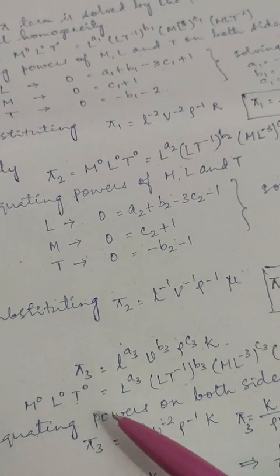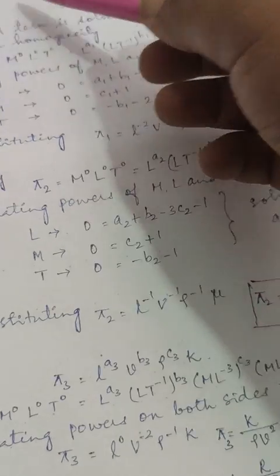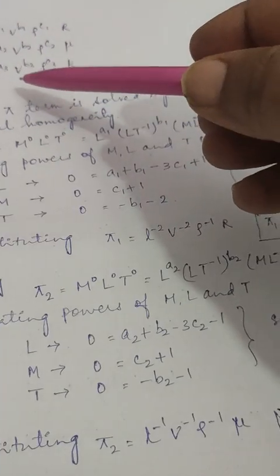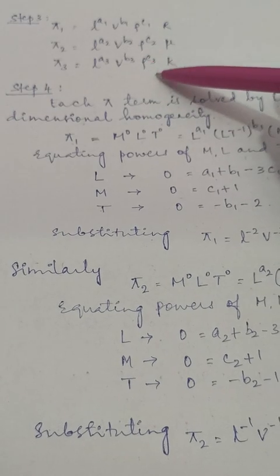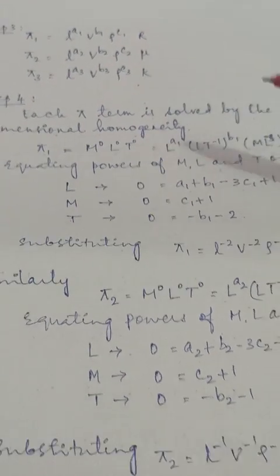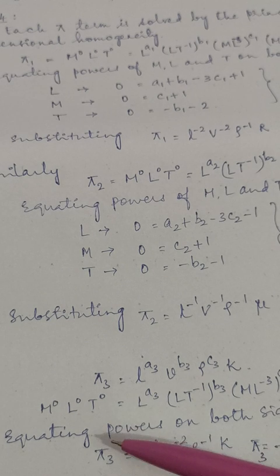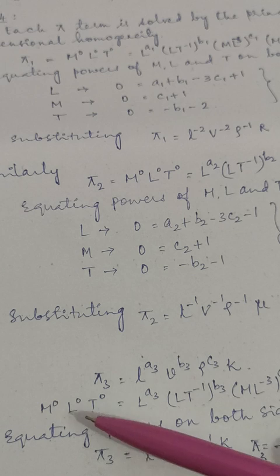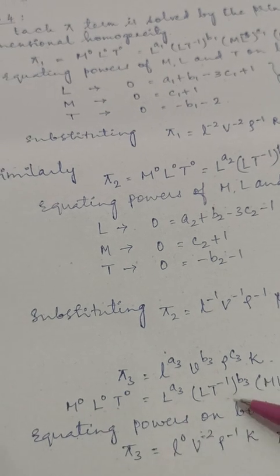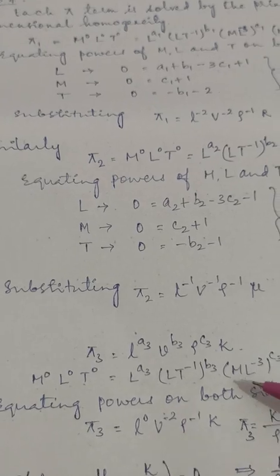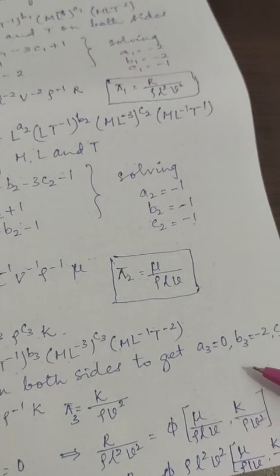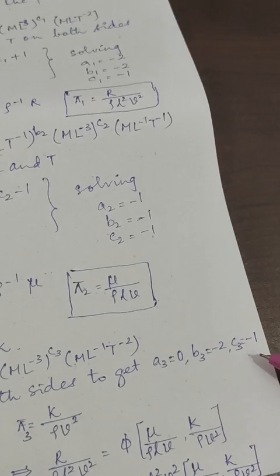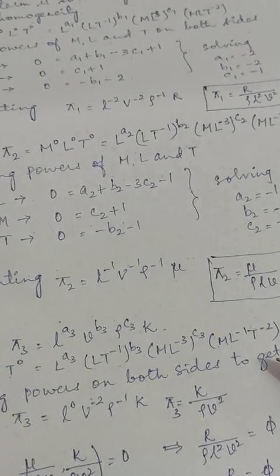Then similarly for the pi 3 term, that is L to the power of A3, V to the power of B3, rho to the power of C3 into K. Now taking the powers of L, M and T on the left side and L, M and T on the right hand side and equating the powers on both sides, we get A3 is 0, B3 is minus 2, C3 is equal to minus 1.